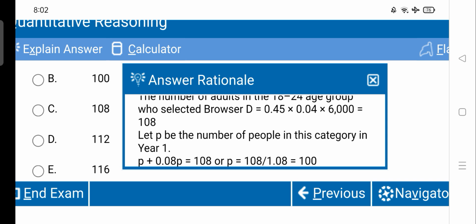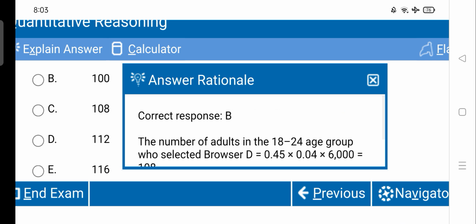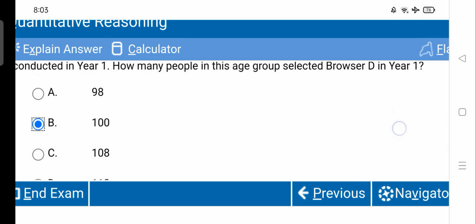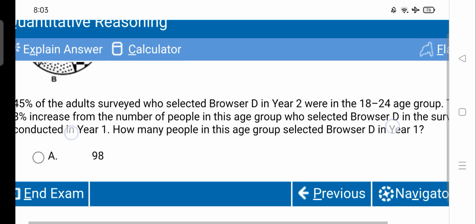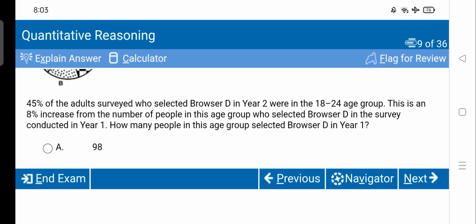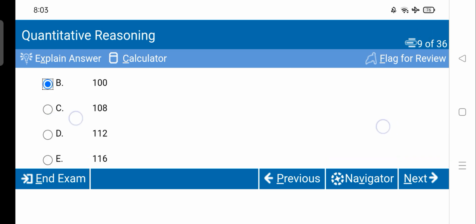P plus 0.08 P equals 108, so P equals 108 divided by 1.08 equals 100. So the correct response is option B, which is 100. So 100 people in this age group between 18 to 24 selected browser D in year 1.